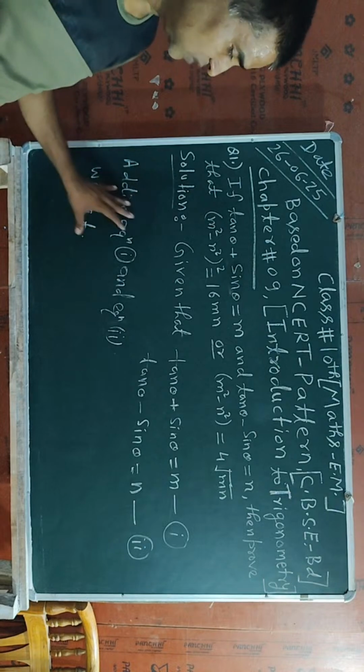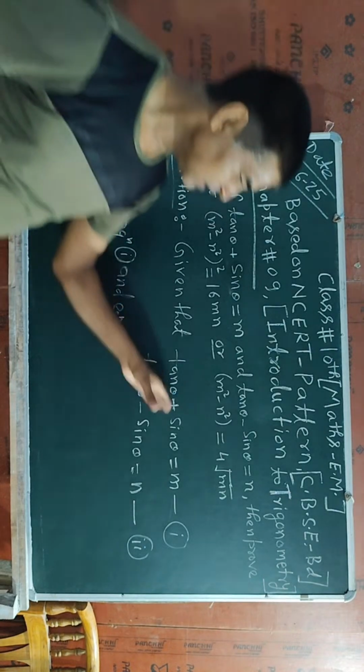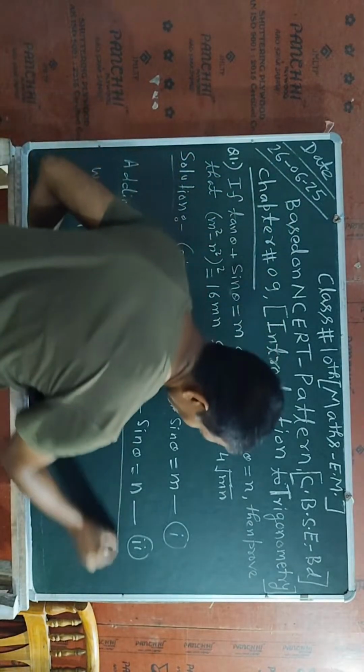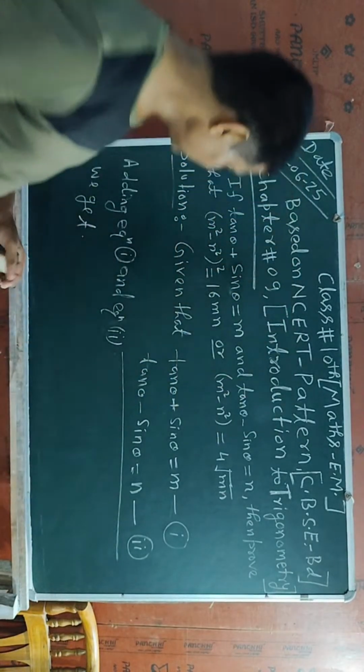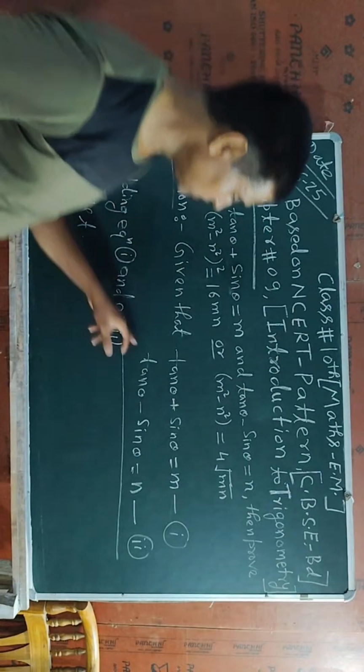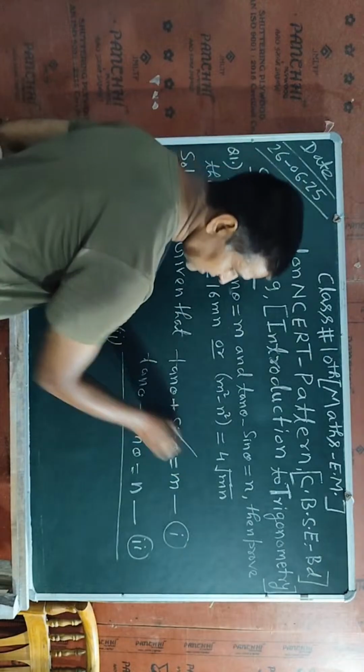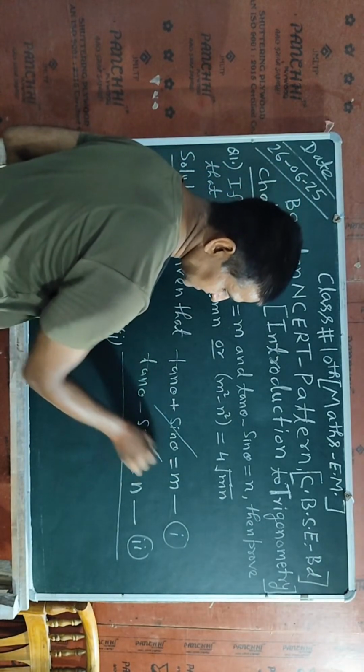So this information we have to apply in equation number 2 and also in equation number 1. After applying, you will get this, because here I will not change any sign. So here this is plus sin theta and this is minus sin theta.